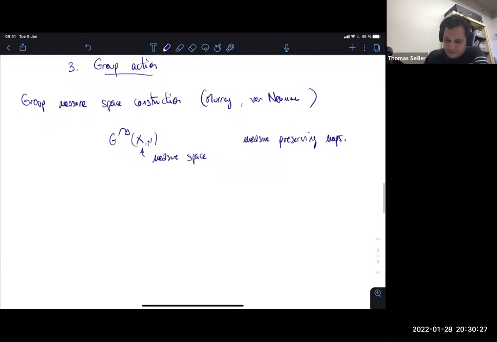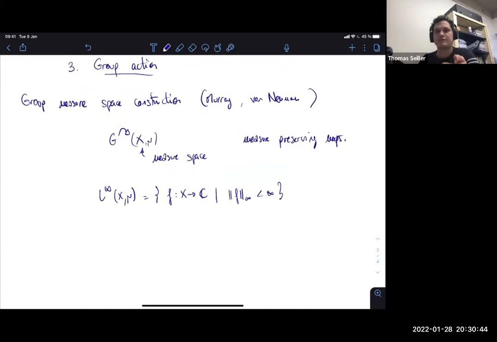So how do you get something with this? There's the first remark: if you take L infinity of X, this is the set of functions from X to C such that the supremum norm of f is bounded. Basically, there's a value for which f of x is bounded by this value for almost all x, right?